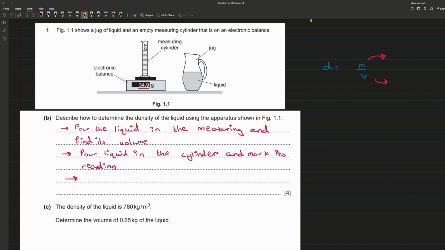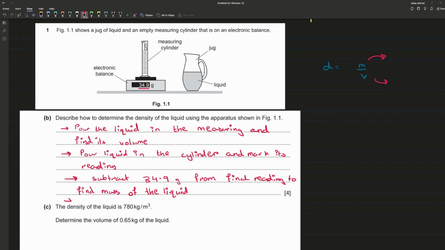After that we're going to subtract the initial reading from the final reading so that we can cancel out the measuring cylinder mass. So we're going to subtract 34.9 grams from the final reading to find the mass of the liquid.